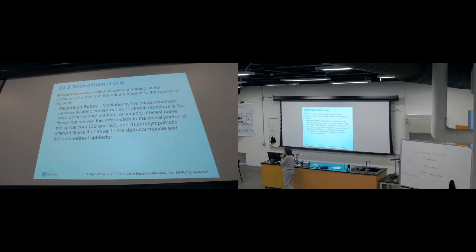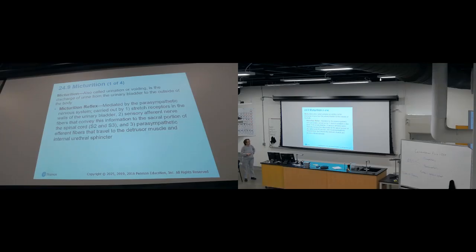The process of micturition happens because we have a reflex. This reflex is mediated by the parasympathetic nervous system, the spinal cord, and a short and a long reflex between the sacral nerves and these parts.